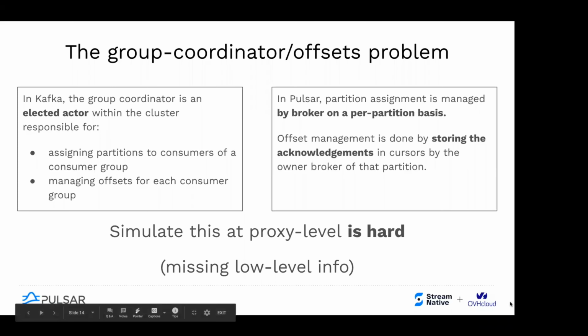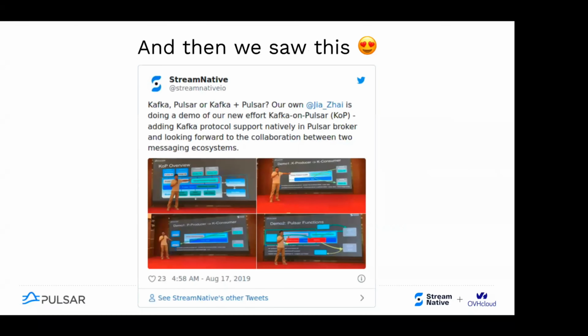Yeah, so the "too long, didn't read" part is that simulating consumption at the proxy level is really hard. You are missing some low-level information. So we were struggling with this proxy, and then we saw a tweet from the StreamNative guys saying, okay, we started a demo of something we call KoP, which is Kafka protocol support natively inside the Pulsar broker.